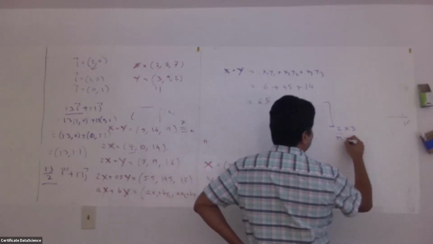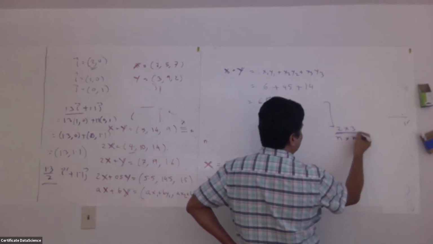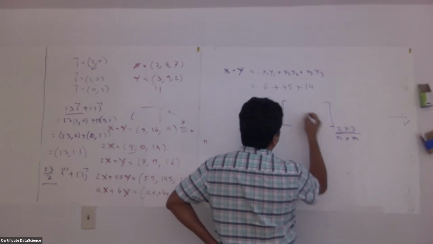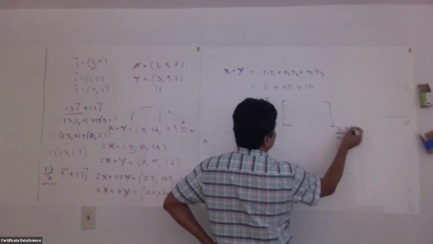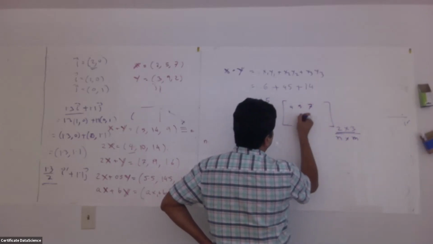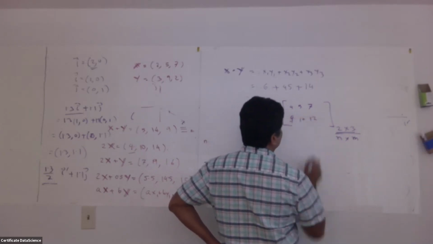Or n cross m. N could be any 2, 3, 4, any number. Now, in this case, two rows. So we'll have 2 rows and 3 numbers. Anything, 4, 6, 5, or 4, 5, 6, 8, and 9, 10, 12.